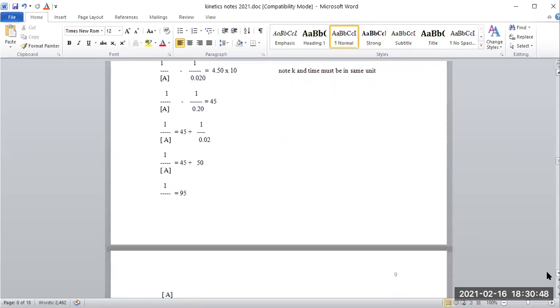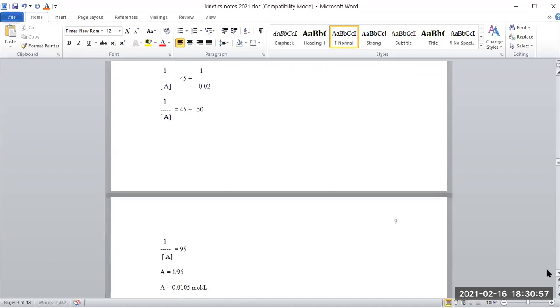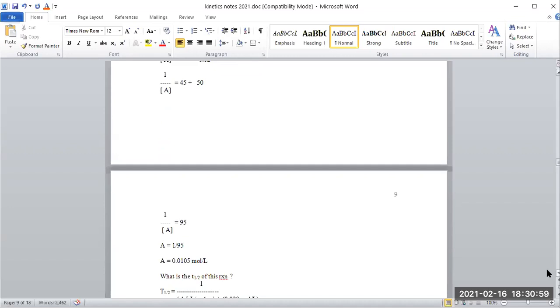Let me push this down so it's a little more readable. Finish your math. My 1 over A is 95, so do your little algebraic flip. A is 1 over 95.